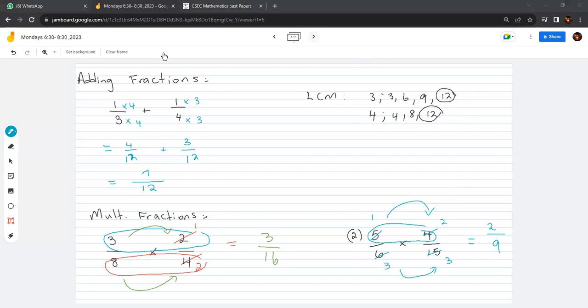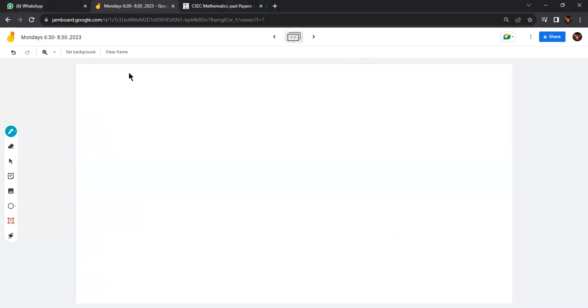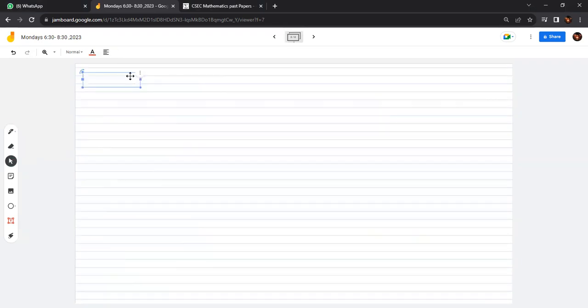When it comes to division of fractions, you want to remember KCF, not KFC, KCF.